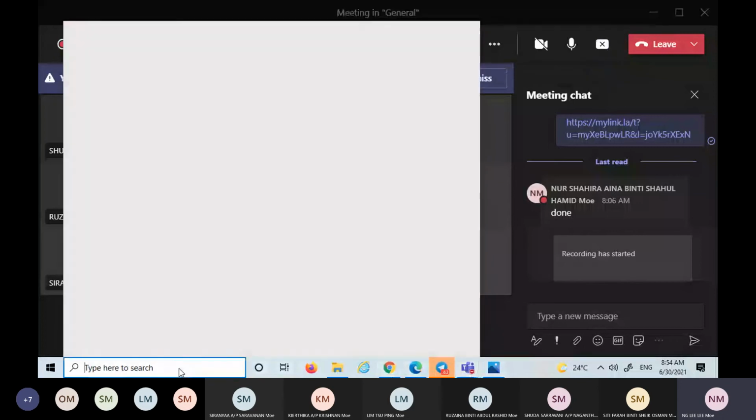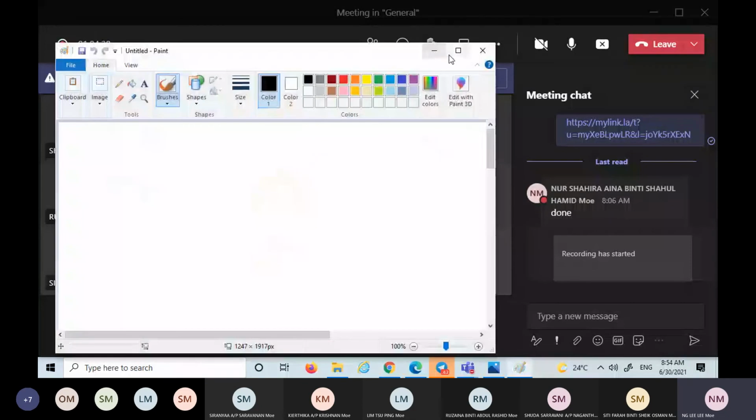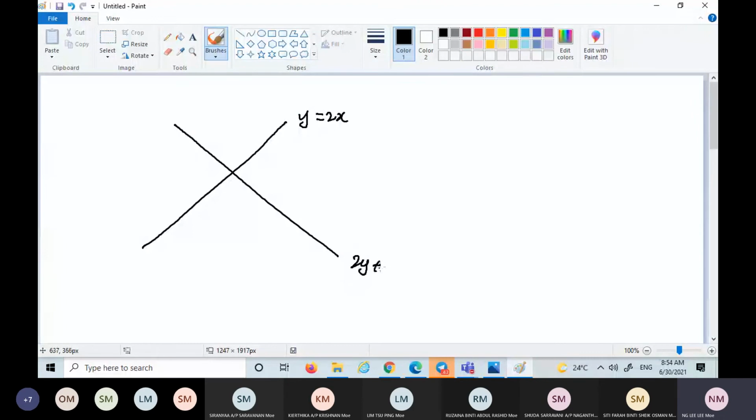Okay, I will try to explain that point from just now. How am I going to draw it? This is the line y equals 2x. This is the line 2y plus 3x equals 120.